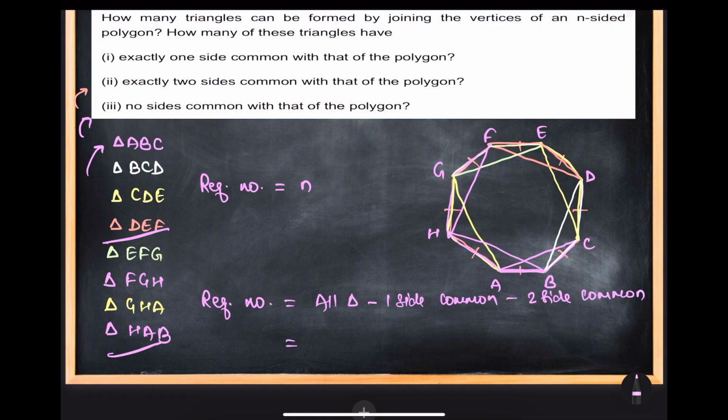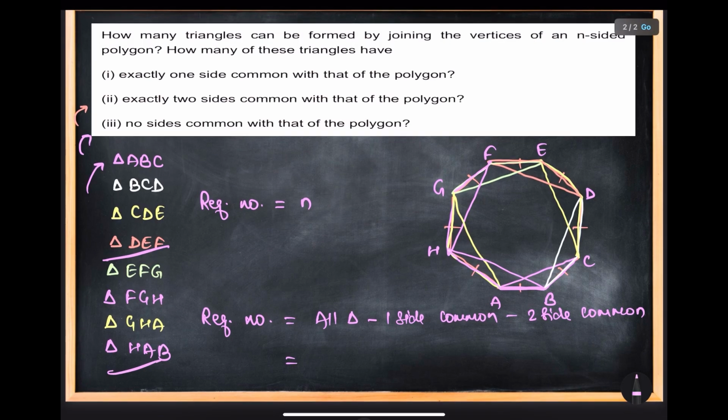If it is an n-sided polygon, we will have n vertices, so we will have nC3 triangles. Exactly one side common is n times n minus 4 C1 triangles, minus two sides common, which we have calculated as n. So this is the number of triangles that will share no side common with the polygon. I hope the idea is clear.